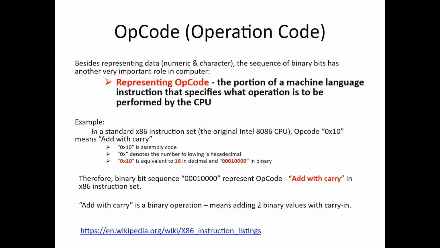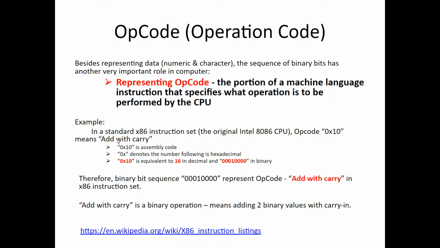Here's a quick example of it. You can read over here. There's the standard x86 instruction set, which is the original CPU, and the opcode is written as 0x10, which means add with carry. This is essentially what is sent into the processor so it can be turned into opcode.